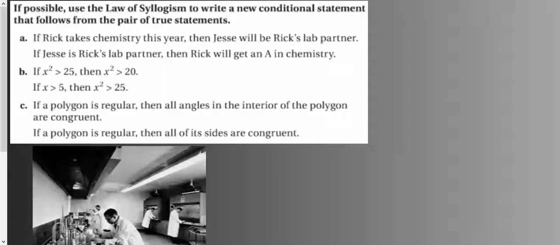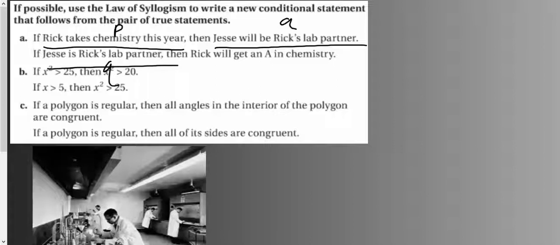Okay, so here's a couple more examples. If Rick takes chemistry this year, then Jesse will be Rick's lab partner. If Jesse is Rick's lab partner, then Rick will get an A in chemistry. So here's my P. Then Jesse will be Rick's lab partner, that's Q. Notice how Q is the same, Q and Q. And then Rick will get an A in chemistry, that's R. Choose a different color so you can see this.